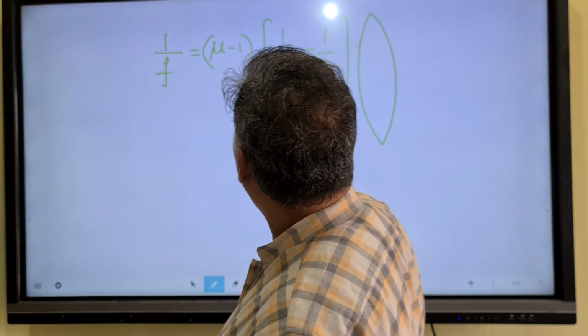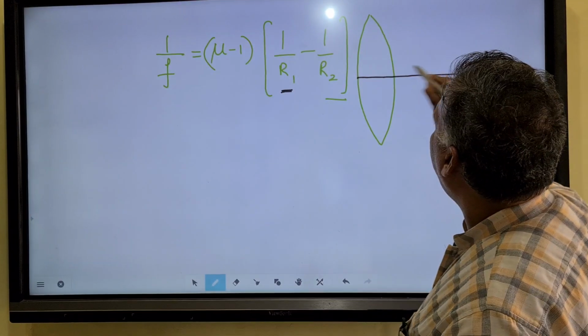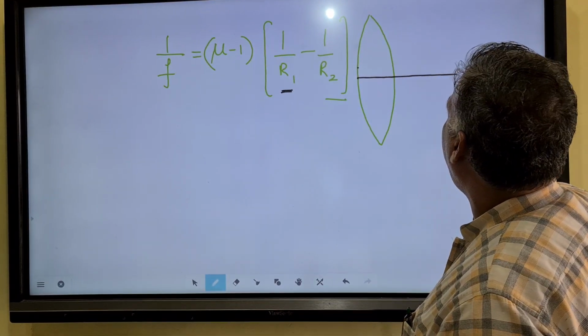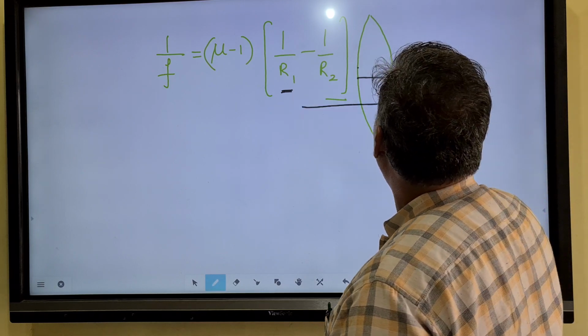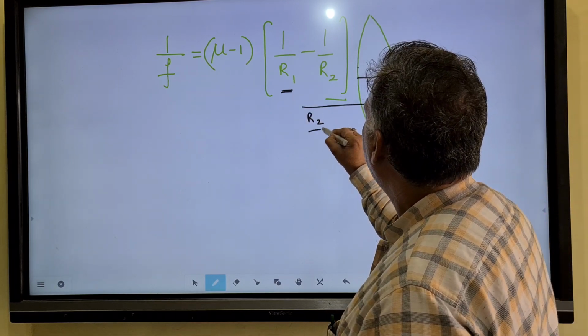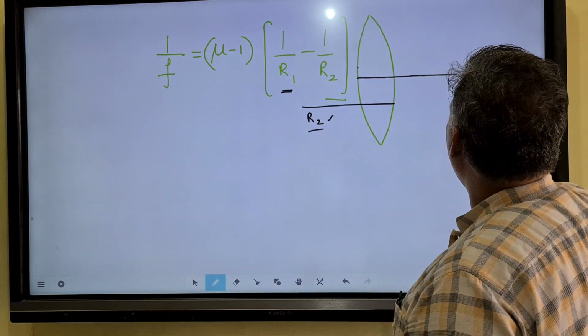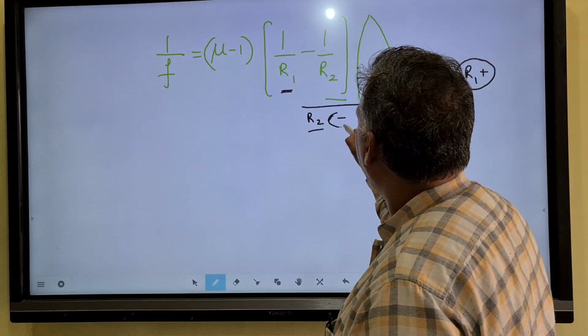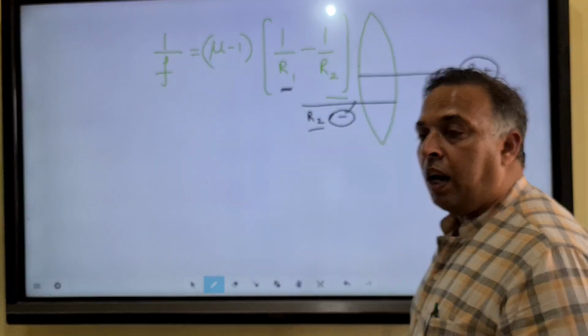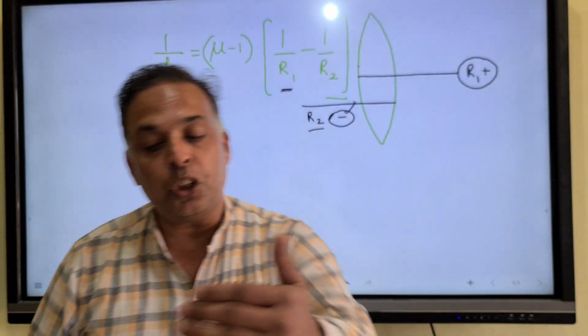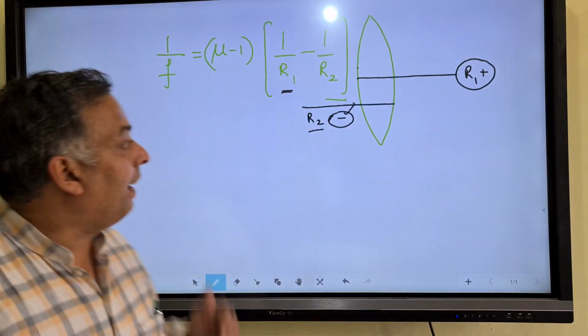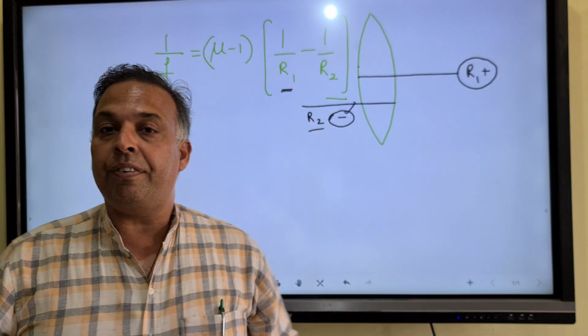For a biconvex lens, one surface has radius r1 and the other surface has radius r2. One is taken to be positive and the other negative.